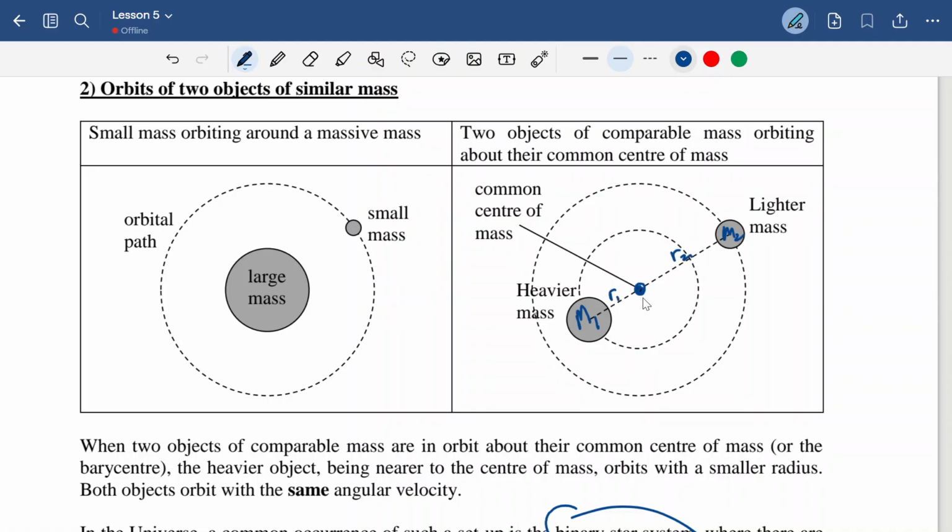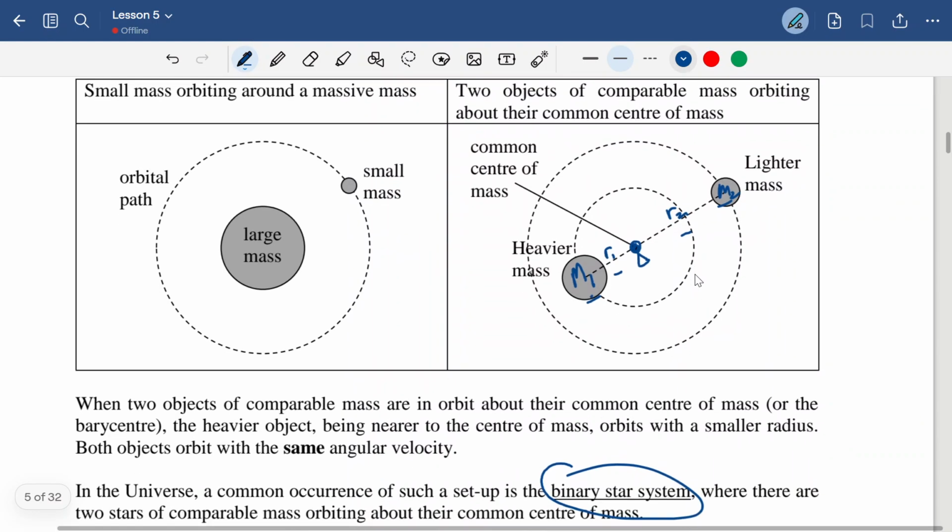It's as though we can do principle of moments: M1 times R1 equals M2 times R2. Similar to principle of moments, but it is not principle of moments. Based on this formula, the center of mass must be nearer to the heavier mass.